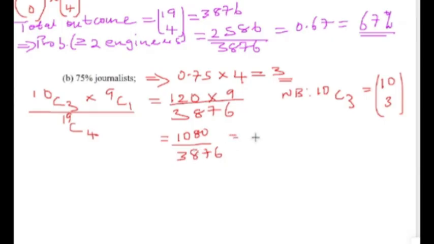We divide the numerator by 2, we are getting 540. Then here, this is 19, 8. So 2 can go again. 540 divided by 2 gives us 270.